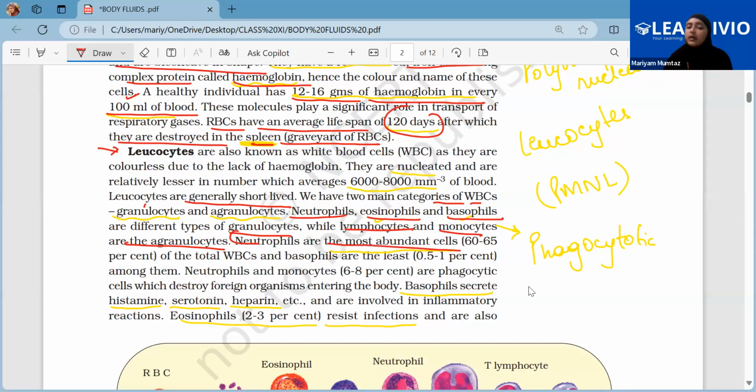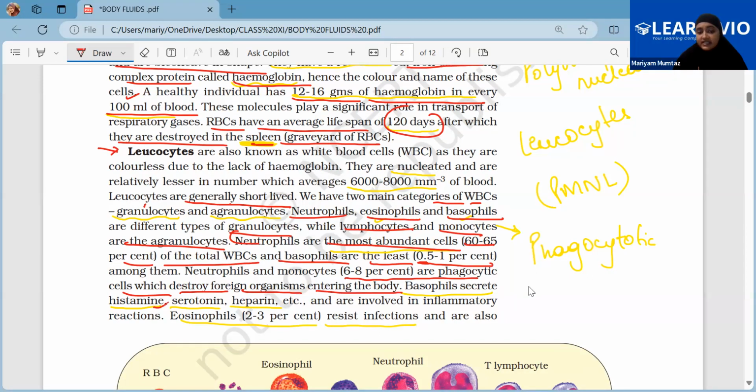Neutrophils are the most abundant cells, 60 to 65% of the total WBCs. And basophils are the least, 0.5 to 1%. This percentage is important to remember. Neutrophils and monocytes, which are 6 to 8%, are phagocytic cells, which destroy foreign organisms entering the body.